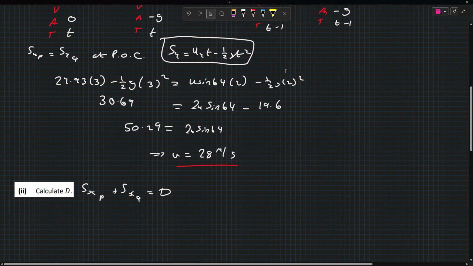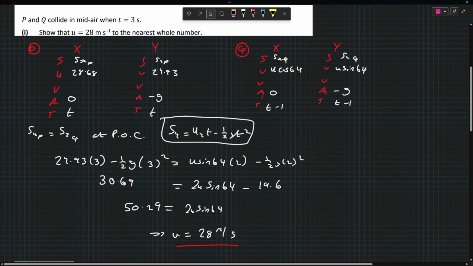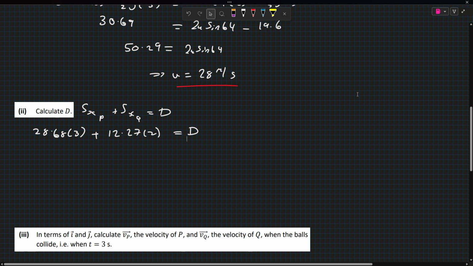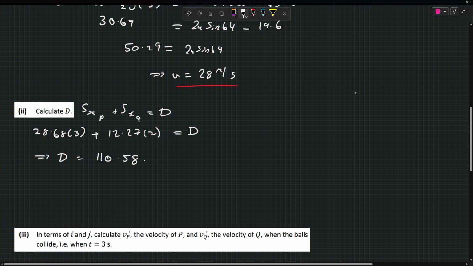So 28.68 times 3 plus, now this would be 28 cos 64, which is 12.27, times 2. So D is 28.68 times 3 plus 12.27 times 2, which gives D as 110.58 meters.